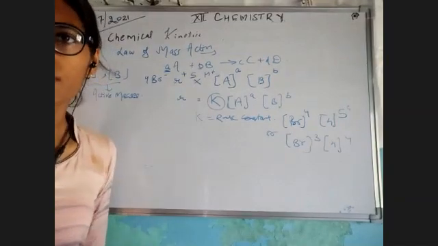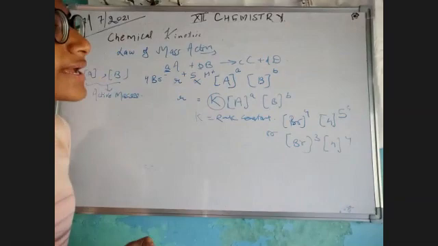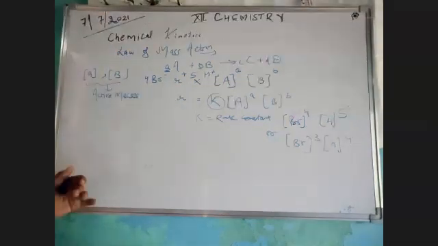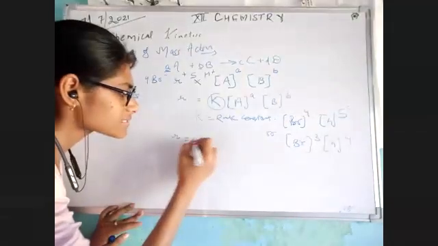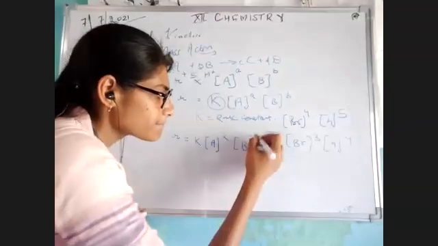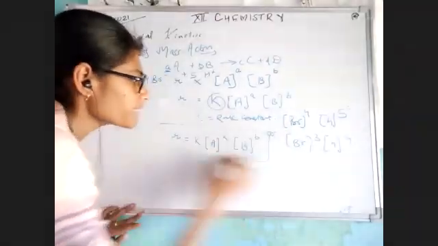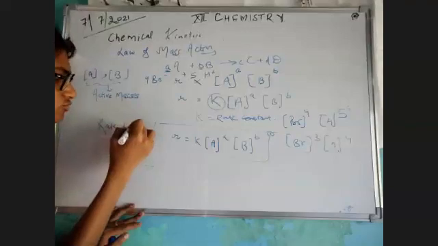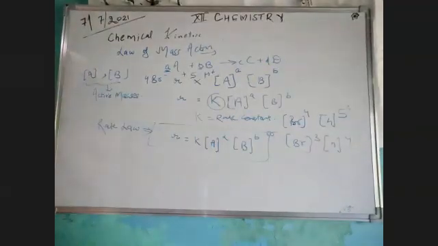That's not necessary. So that's why, in this concept, my rate law has been changed to R = K[A]^alpha[B]^beta. This is known as rate law. Did you understand?